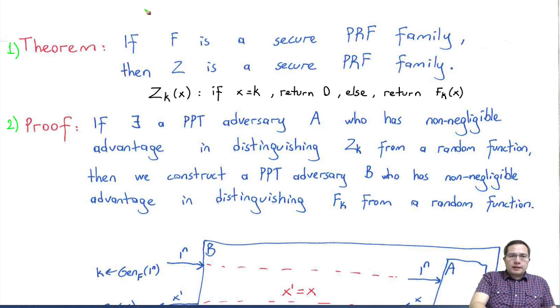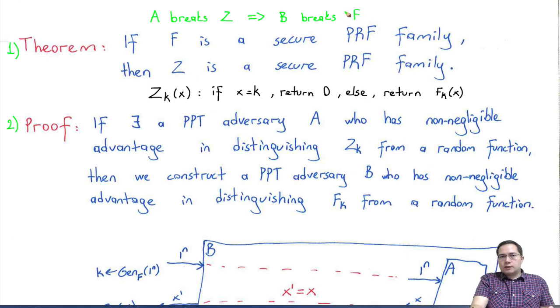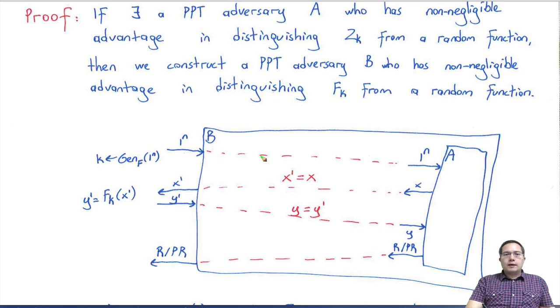So essentially what we are saying is, if there exists a PPT A that breaks the security of Z, then we are going to construct a PPT B that breaks the security of F. So eventually, remember, this would mean if F is secure, then Z must be secure. Let's do this proof.